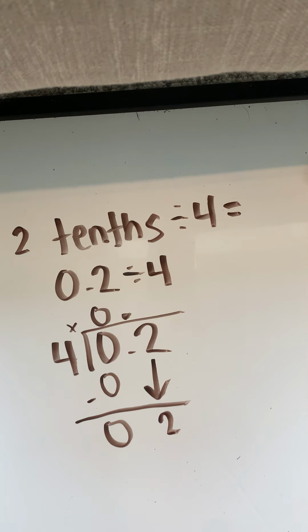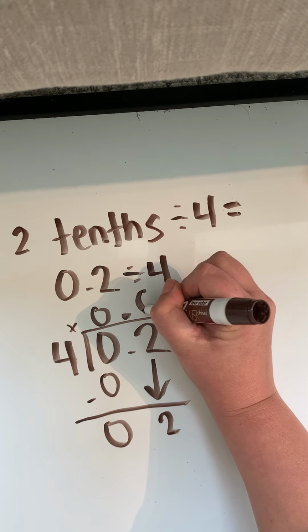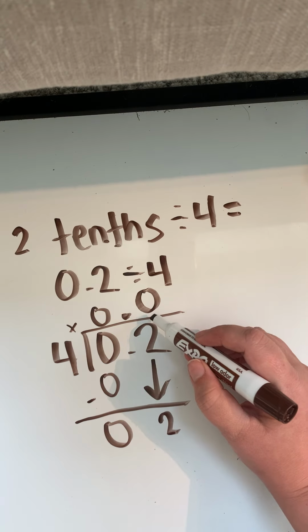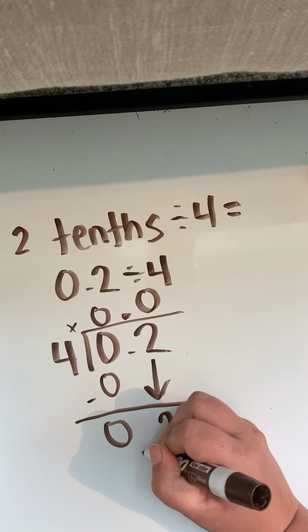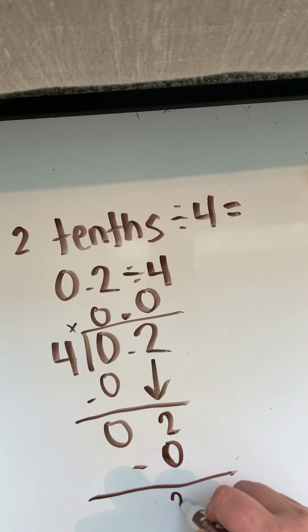Okay, so let's go ahead and take a look. 4 times what gets me close to 2? Oh, nothing, right? So 4 times 0 is 0. So 2 minus 0 is 2.